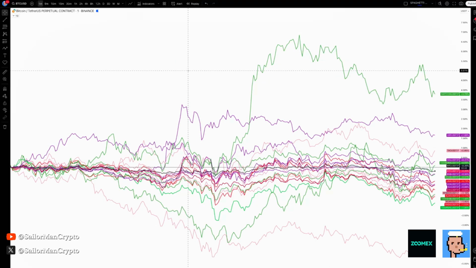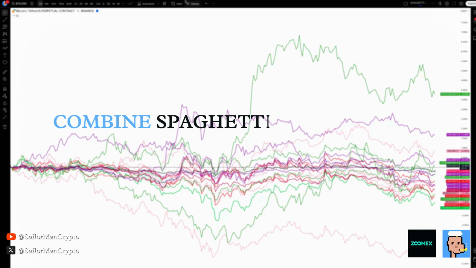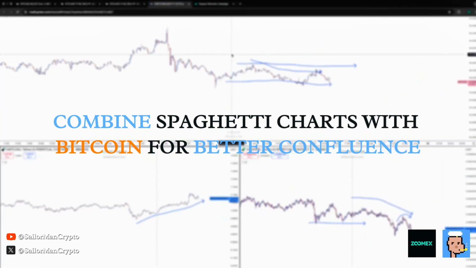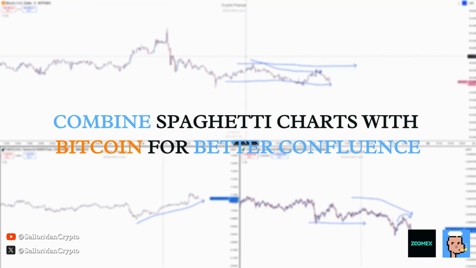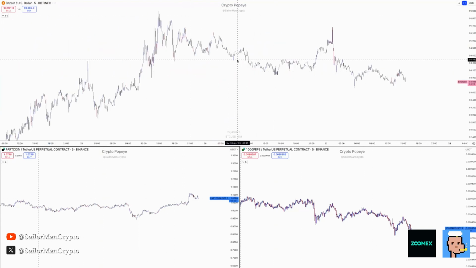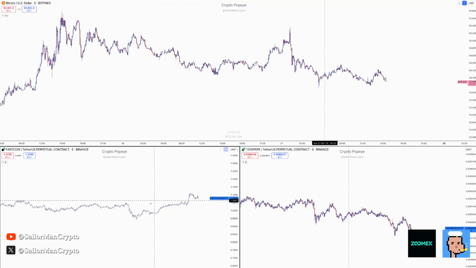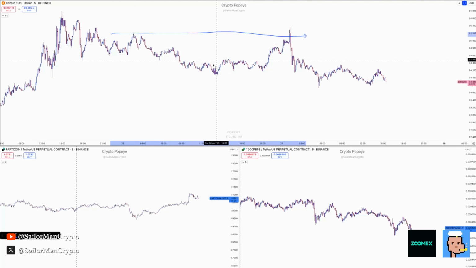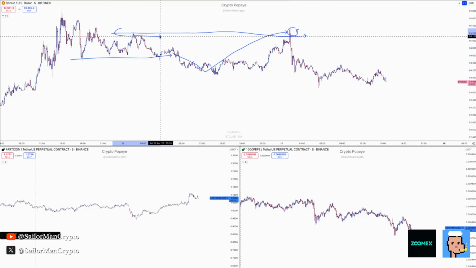Another few tips and tricks. So usually I use the spaghetti chart in confluence with Bitcoin and with what Bitcoin is doing. To give you an example, if you know that Bitcoin is reaching a potential support or resistance level, like what it did here, for example, we know that here structure was breaking bearishly, we get a retest, so perhaps here you want to turn bearish because it's a resistance level.